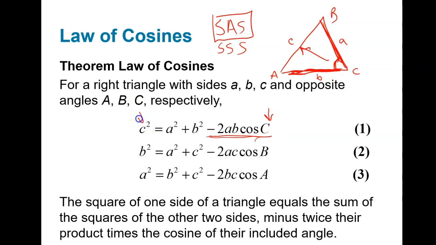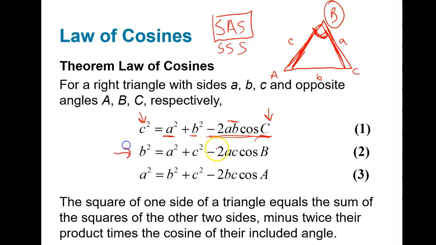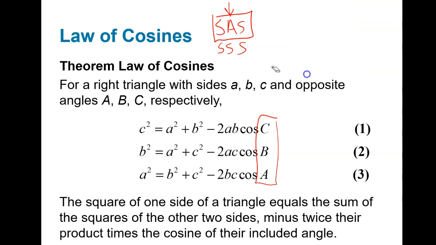So notice it's capital C, lowercase c over here, using little a, little b, and big angle C. But what if I know little c and little a and the angle between those two, which would be angle B? Then I would use this one to find the side opposite angle B. So it's just giving me all three possible angles that I could know in that SAS case. That's why we're seeing three here. It's not like we have three different scenarios. It's all the SAS case when we're solving for these side lengths.